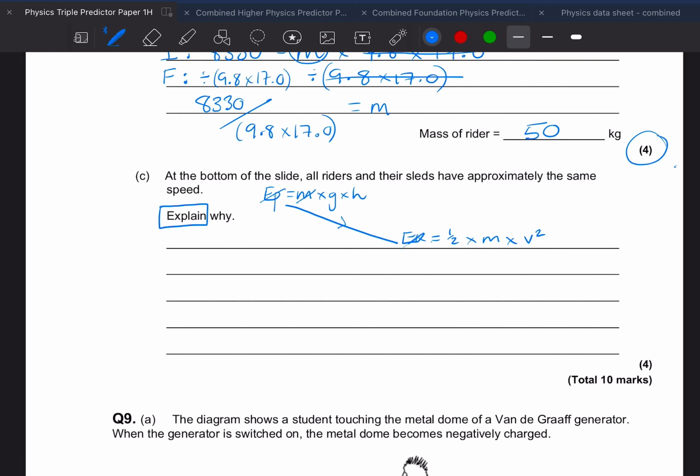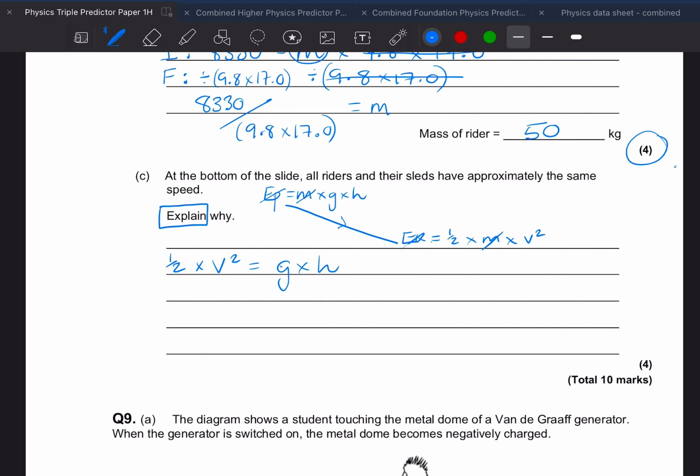The mass is there on both sides as well, so that mass is going to cancel on both sides. So we're going to be left with a formula here, which is going to be half times v squared is equal to gravity times the height.